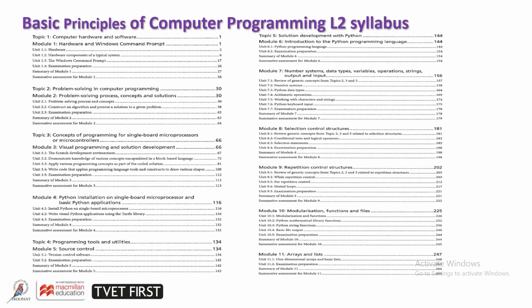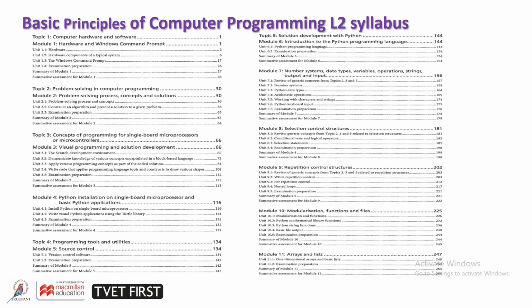In the curriculum document we have a module 3 and a module 4 here, visual programming and Python installation, and that's actually all just one topic 3. So we felt it made more sense to split it up into modules where we covered visual programming, which is Scratch, in its own module, and then Python installation and Turtle in its own module as well.